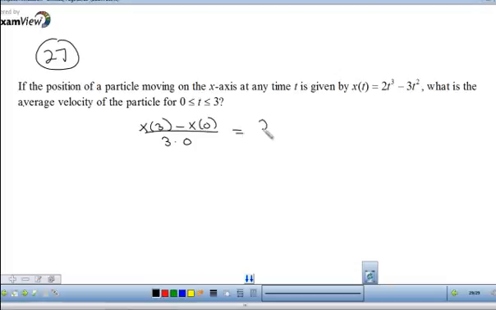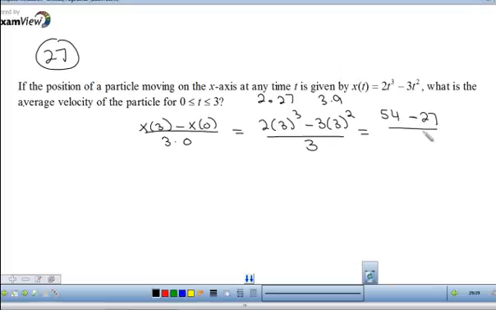So 27 over 3, so 9 would be my average velocity.